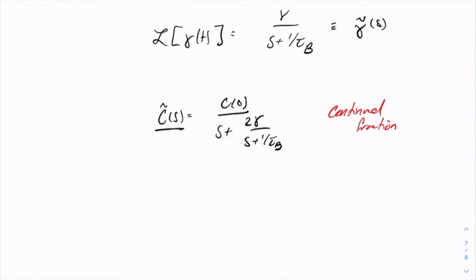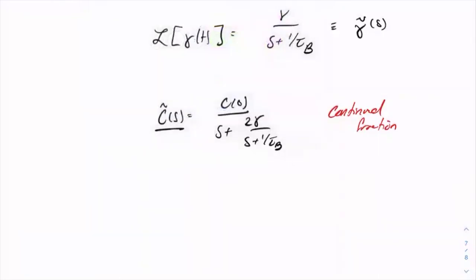In fact, it has become very popular recently to write down quantum dynamical approximations in this kind of continued fraction representation. This is essentially a way of bootstrapping your way up to an exact description of an open quantum system. More on that in a few lectures in the future. But it is known for the experts, people interested in these sorts of things, as the hierarchical equations of motion. It's essentially this sort of procedure just for a quantum memory function instead of a classical memory function like we're dealing with here.